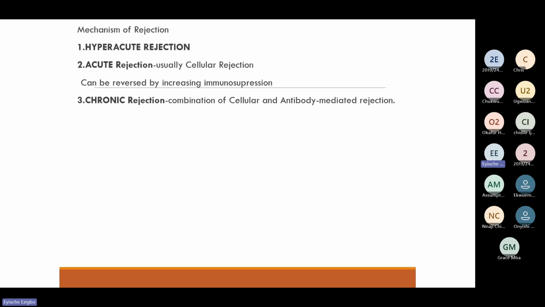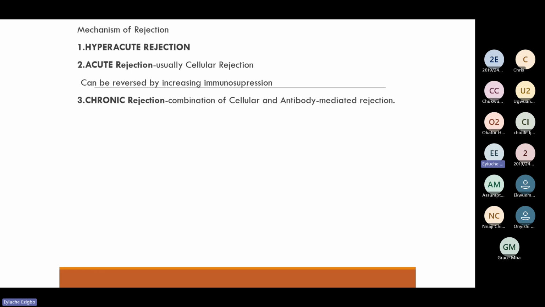That is why patients who receive organ transplants are given medications and treatment therapy to suppress the immune system, because the immune system is trying to reject the non-self. They give therapy in such a way as to subdue the immune response of the recipient of that organ. So acute rejection can be handled by increasing immunosuppression of the recipient.